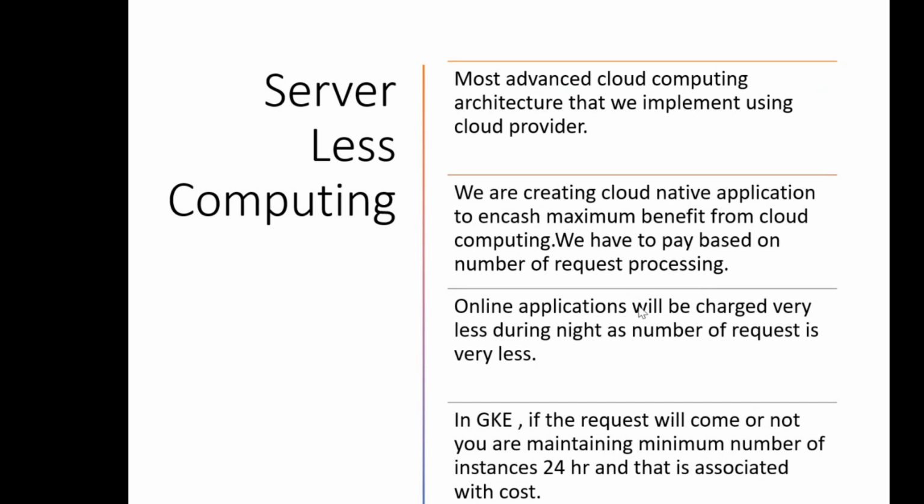So online applications will be charged very little during the night, as the number of requests is very low. In GKE, whether requests come or not, you are maintaining a minimum number of instances 24 hours, and that is associated with cost. That is the scenario in the case of GKE that we talked about last day.